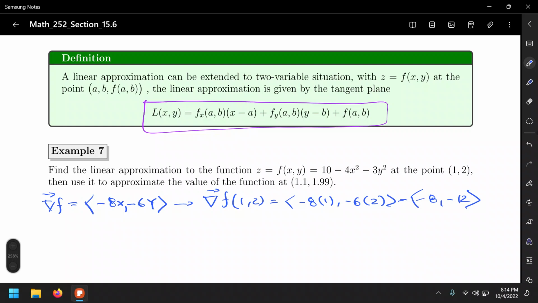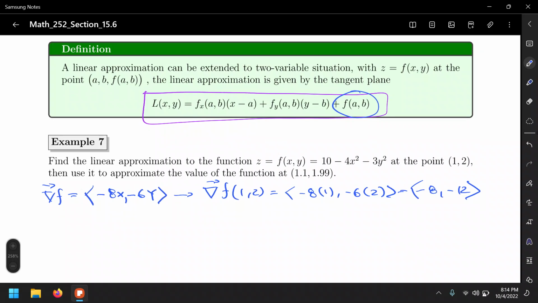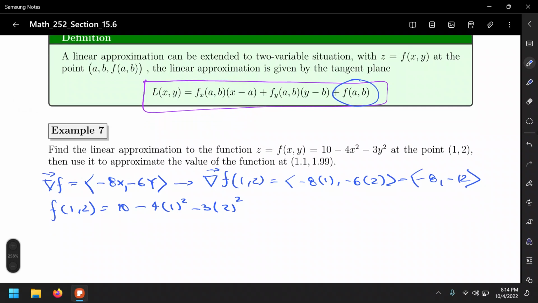What's next? All right, so because we will need to find f of a, b, let's evaluate f of (1, 2). This time they didn't give us the z value. We had to figure it out this time. So that's 10 minus 1 squared minus 3 times 2 squared. All we do is plug in that point on the given explicit function this time.